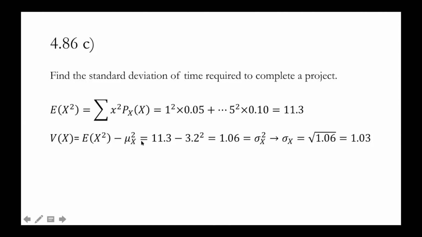After calculating this, we have the variance, and to compute the standard deviation, we simply take the square root of the variance, and we end up with the value 1.03. So the standard deviation of time is approximately 1 day of the project.